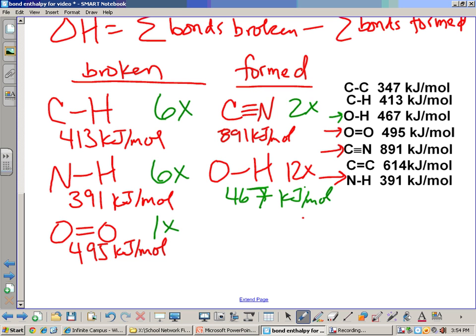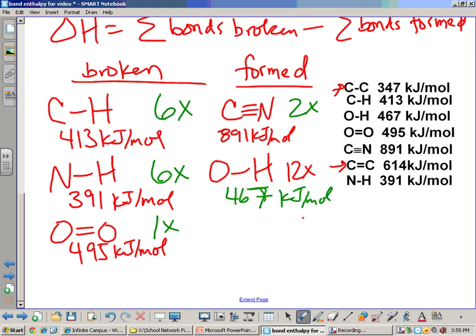I will point out that, we're not using them here, but have a look at the C to C bond, single bond versus double bond. A C to C single bond versus a C to C double bond, it's not simply a doubling. It takes a different amount of energy, because in order to make a double bond, it's not a true doubling of a single bond.